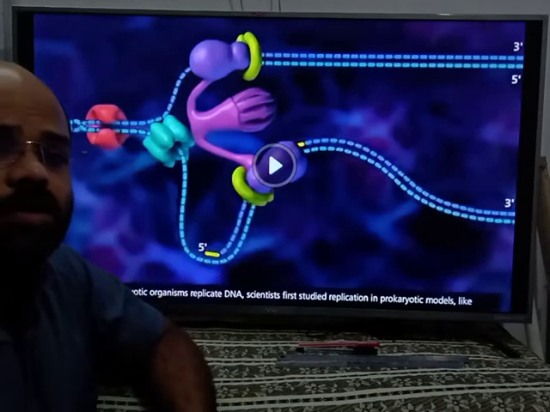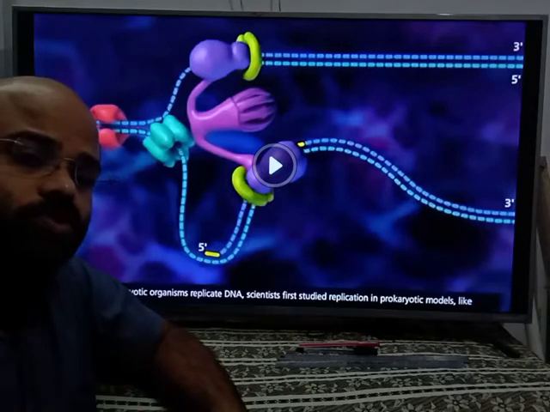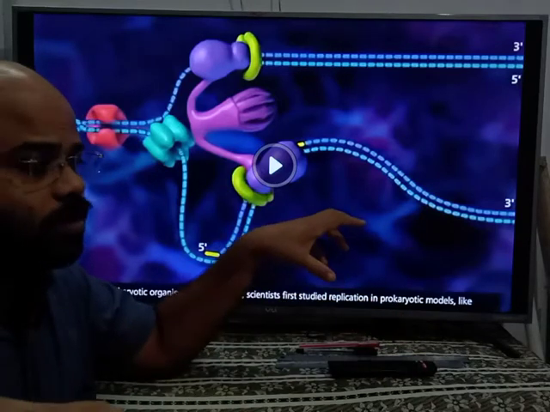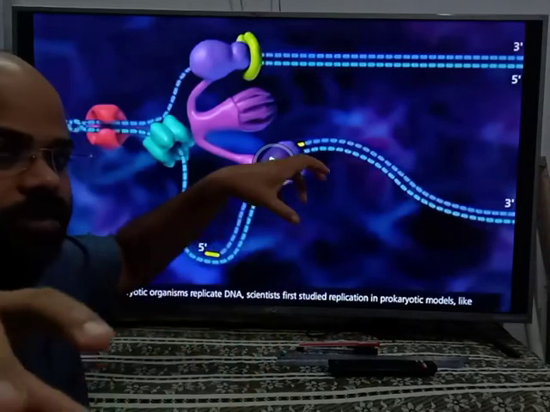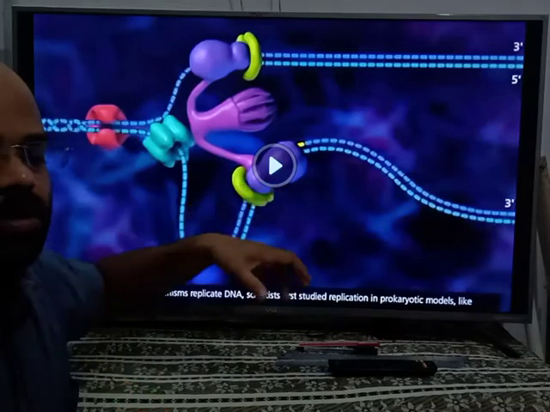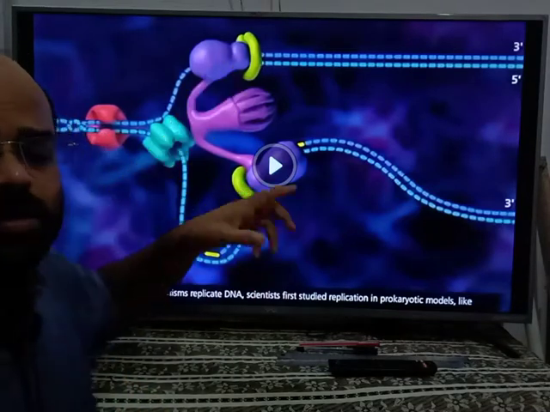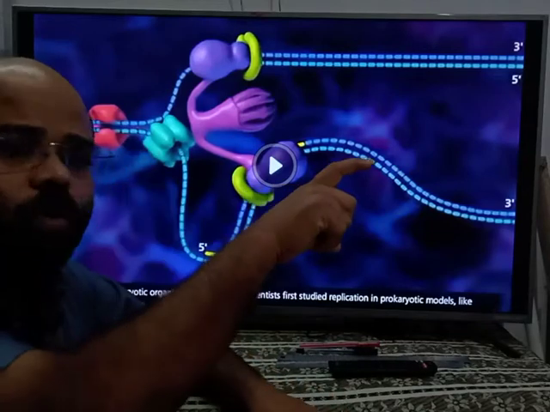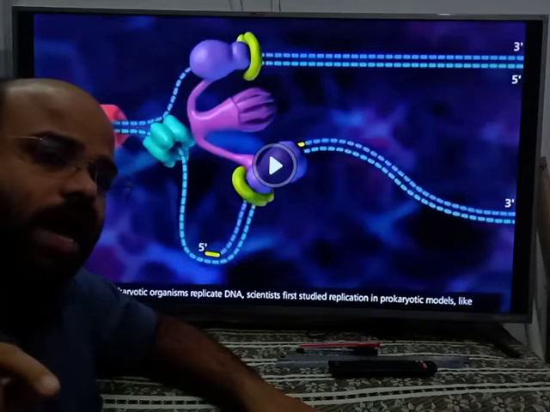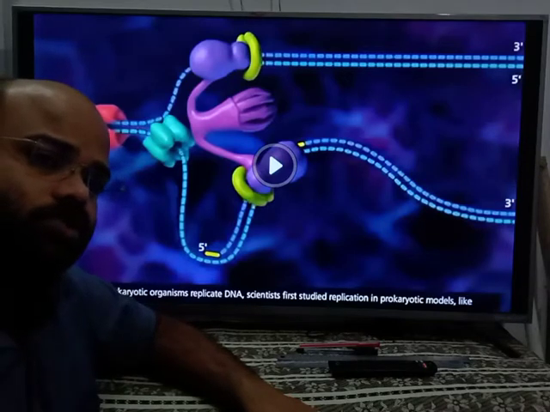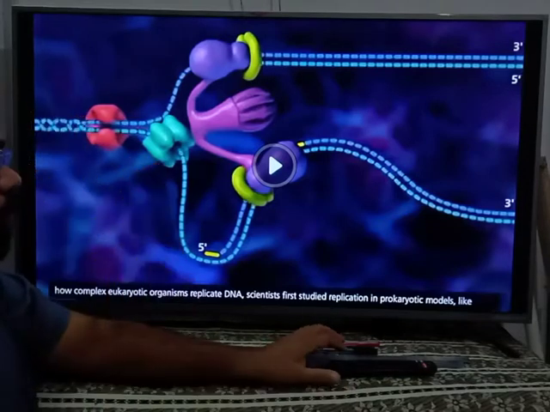What is the need of the clamp? The clamp is used to hold the 2 strands of DNA perfectly, parallelly. Topoisomerase has a clamping system and DNA polymerase also has a clamp that holds the load. I have given this thing as an assignment question, a column matching question. Anyway, come to the point here.